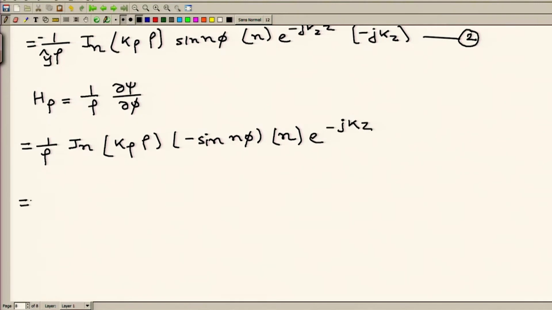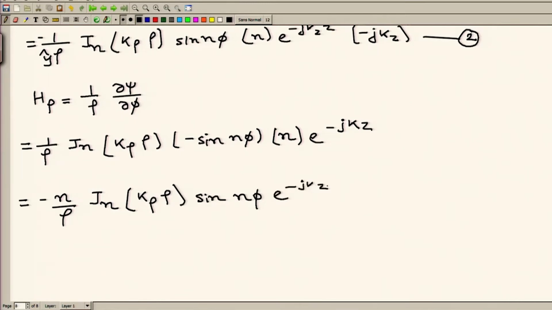This minus will come outside. So, minus n upon rho, this will be Jn k rho sin of n phi e to the power minus j k z. So, this is equation number 3.